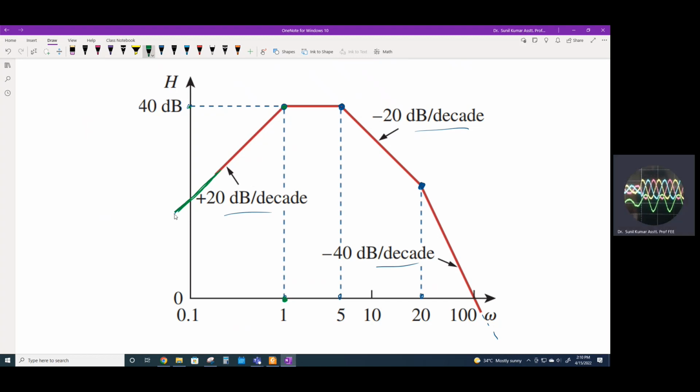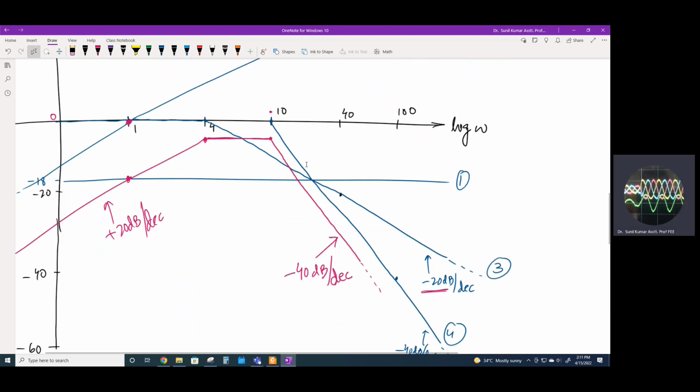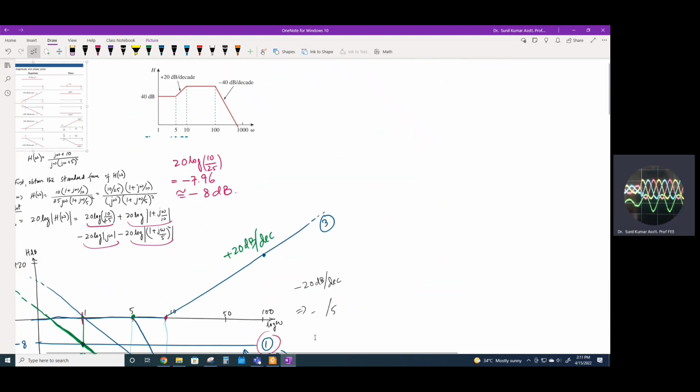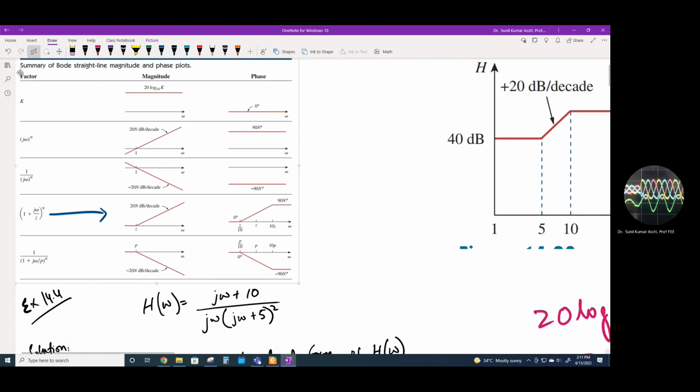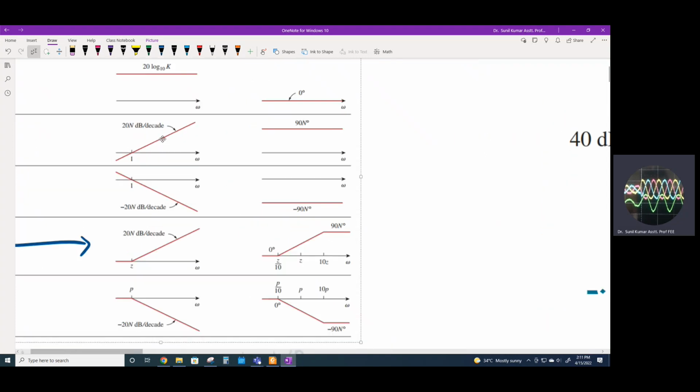And before that, it just keeps on decreasing. So how do you relate this line, this curve, from the given, you can say, useful table? We can relate that line with this one.